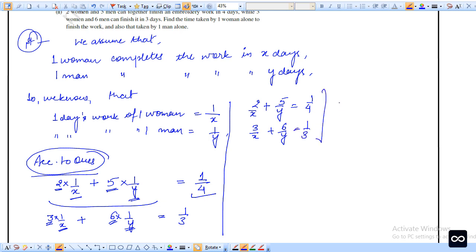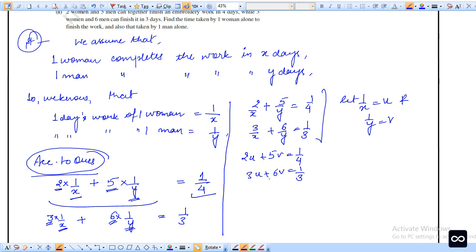Let's solve these equations. Let 1 by X be equal to U and 1 by Y be equal to V. This is an equation reducible to a pair of linear equations in two variables, right? So we will assume 1 by X equals U and 1 by Y equals V. By taking these, we will have two equations as under: 2U plus 5V is equal to 1 by 4 and 3U plus 6V is equal to 1 by 3, right?